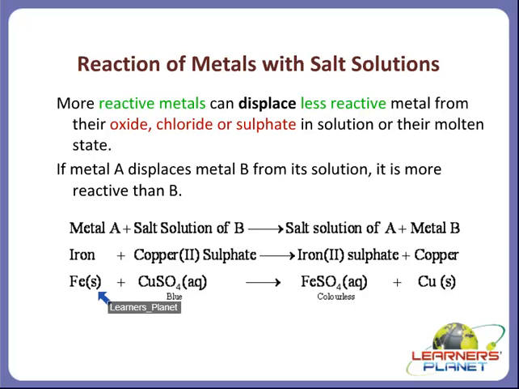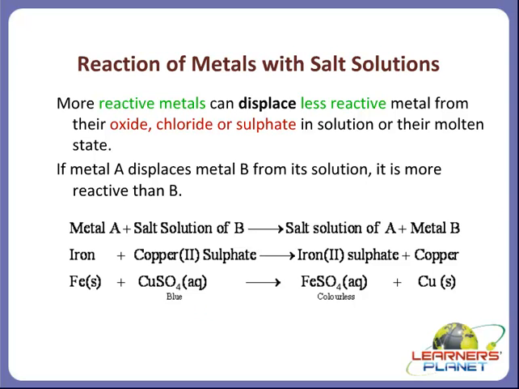That is Fe solid plus CuSO4, blue aqueous, which reacts to form FeSO4 and copper. Here also, see children, the color is indicated. As soon as the copper sulfate decolorizes, what is to be assumed is that the reaction has been completed.